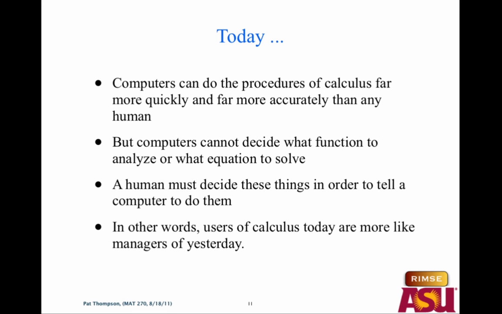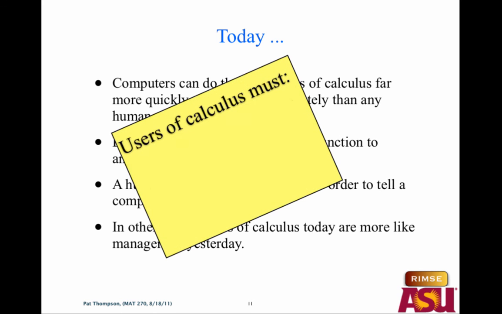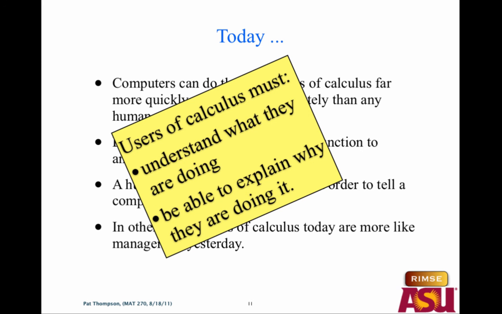Managers have to know the whole big picture. Managers must understand what they're doing and be able to explain why they're doing it. This will give you power to do any kinds of questions, not just the ones you're taught to replicate. If you understand what you're doing and you can explain it, then you can be thrown a new situation, a new problem, and you can make progress or solve it even though you've never seen it before. That's having power.